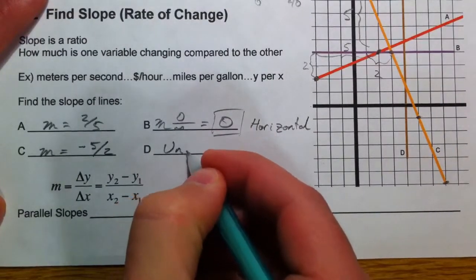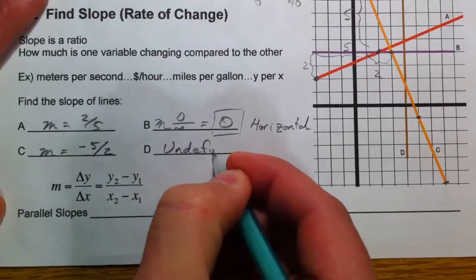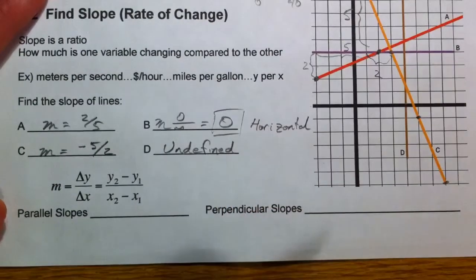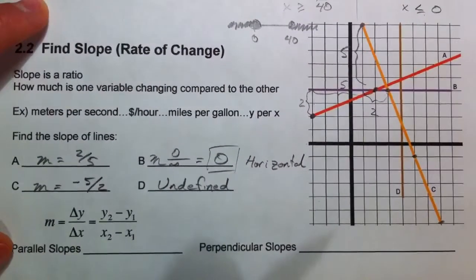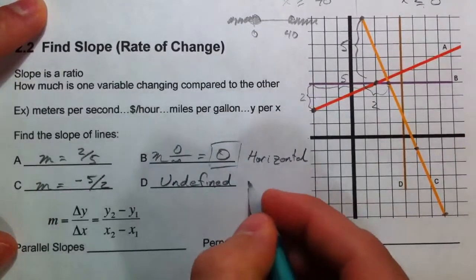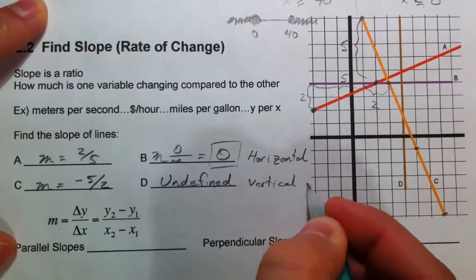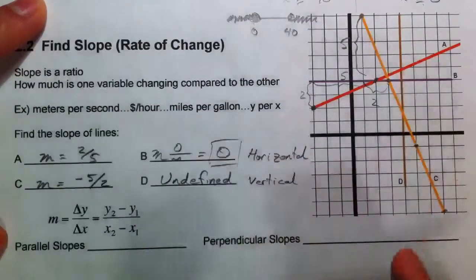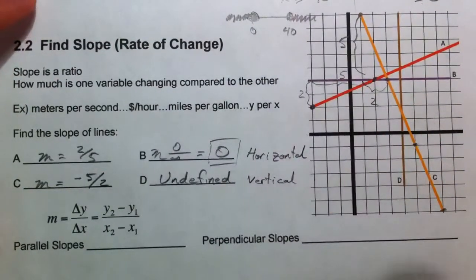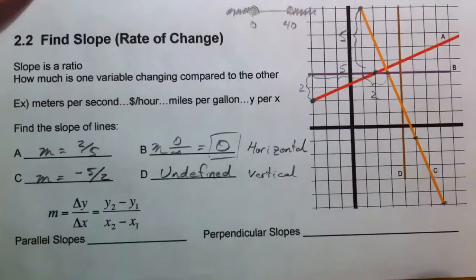So we say the slope is undefined. So remember that you have undefined slopes for vertical lines.